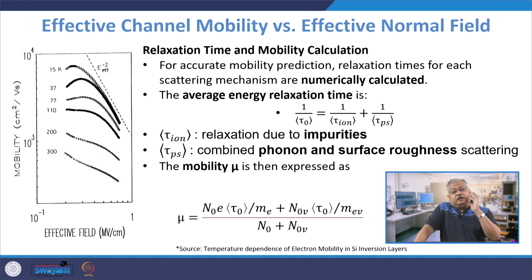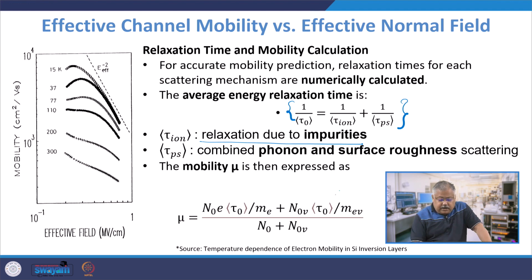Higher the relaxation time, lower is the scattering and higher is the mobility, right, and the average relaxation time is given here. That means tau ion is the relaxation time due to impurities, and tau ps is the combined relaxation time due to phonon and surface roughness scattering. The mobility is then defined in terms of tau as this, but this is not how we conventionally define mobility in device physics.